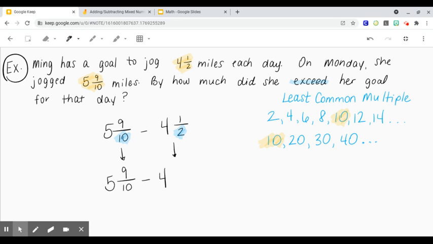But in the case of 4 and 1/2, this will change. The LCM was 10. That's going to be our common denominator. Now this part tends to be where a lot of 5th graders get a little hung up. As you can see here, we went from halves to tenths. So think, how did I go from halves to tenths?